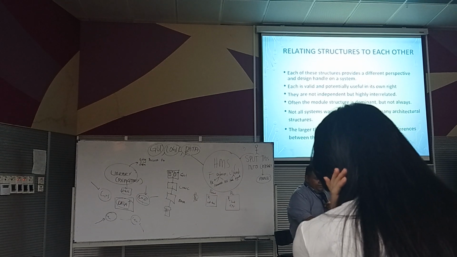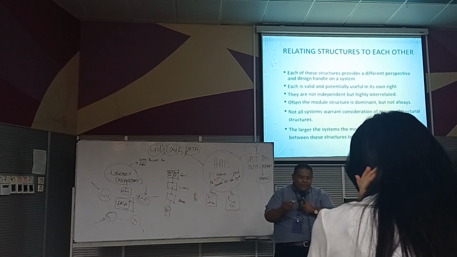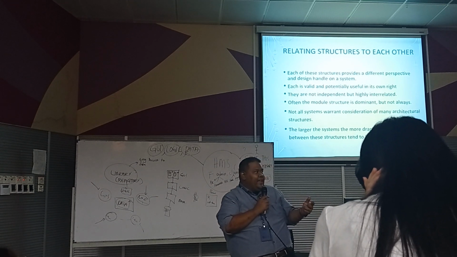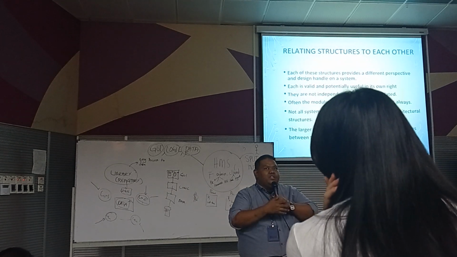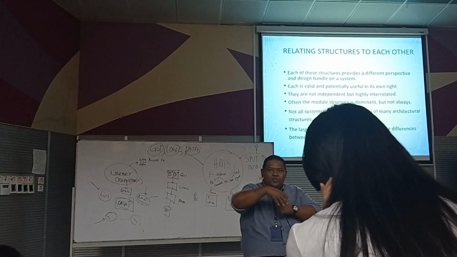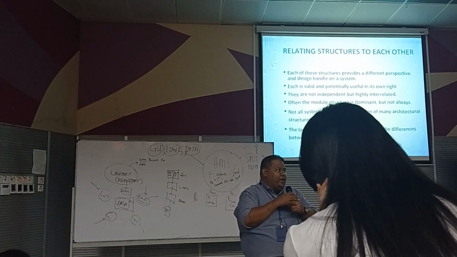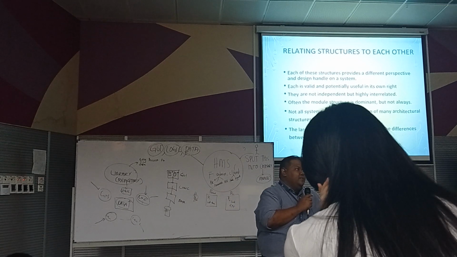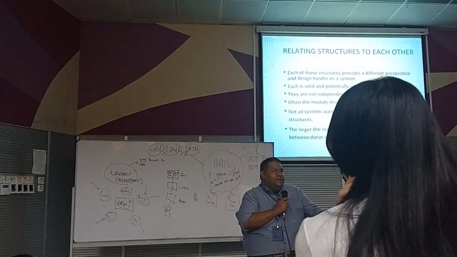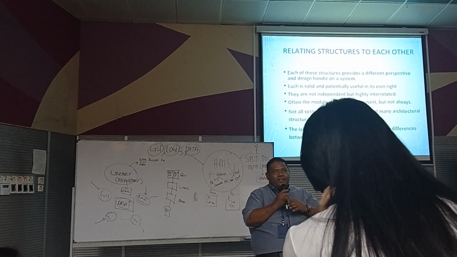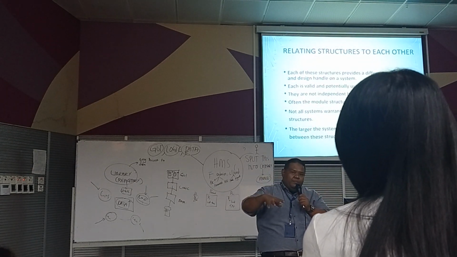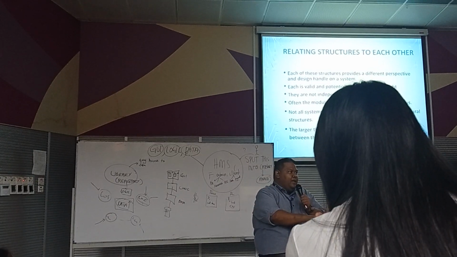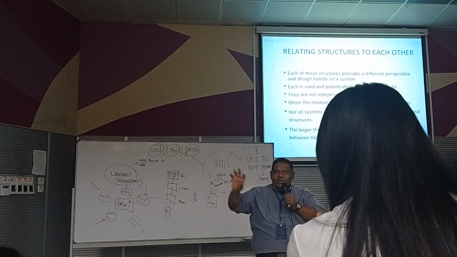But at the end of the day, an architecture usually is a combination of all three: allocation, module, and component and connector. Usually when we talk about architecture, we combine these three different points of view into one architecture. It's quite difficult to develop a system if you only focus on one group in India, one in Australia, one in Malaysia, saying you do this, you do that.